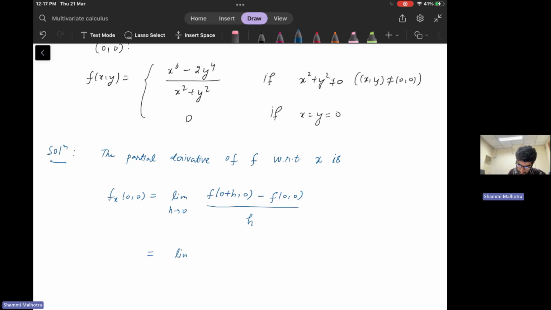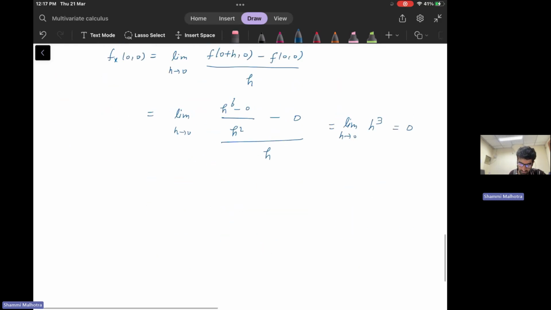So this is limit h tending towards 0 of h raised to the power of 6, and y is 0, so that term is 0, over h square. So this is nothing but limit h tending towards 0 of h cube, and that is 0. So the partial derivative with respect to x exists.